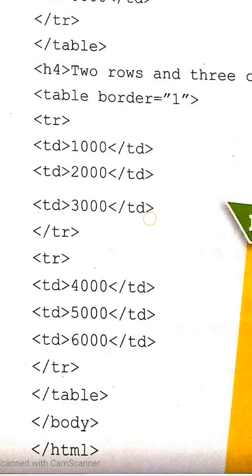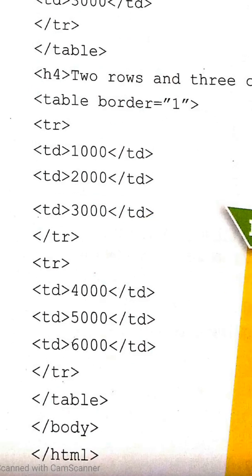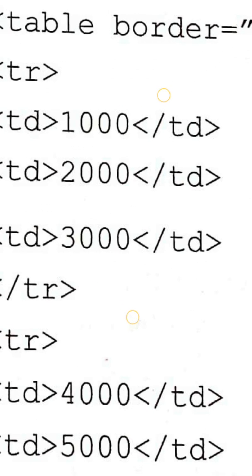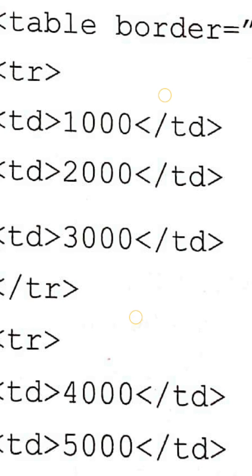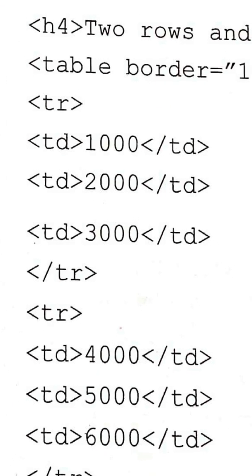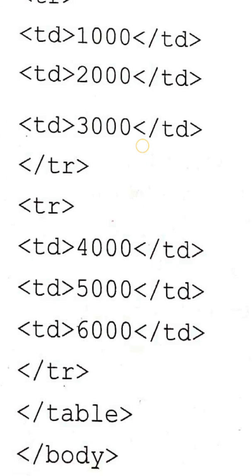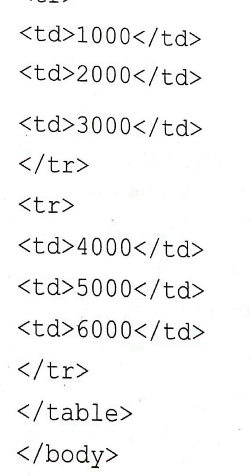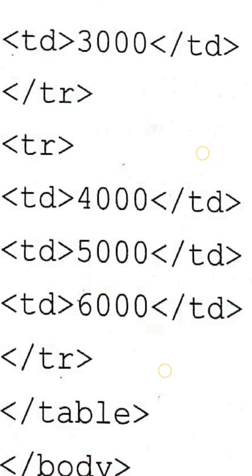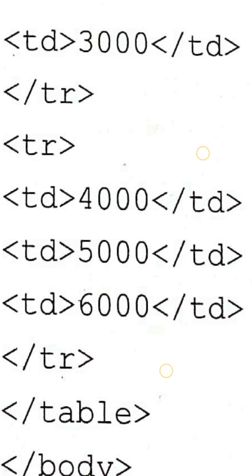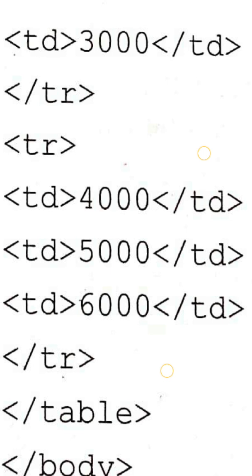In the first row the data are 1000, 2000, 3000. In the second row you want to write 4000, 5000, 6000. So TD 4000, TD close, TD 5000, TD close, TD 6000, TD close.